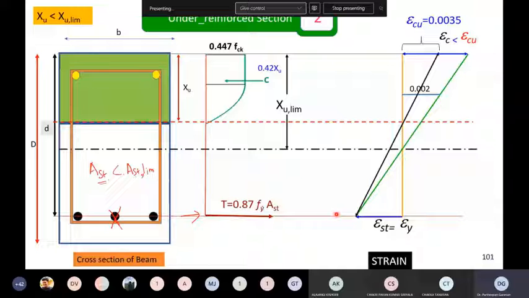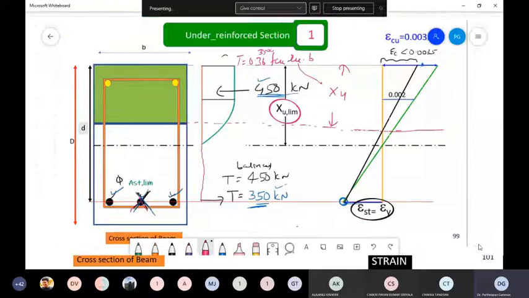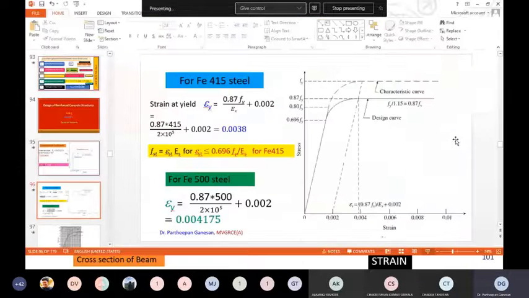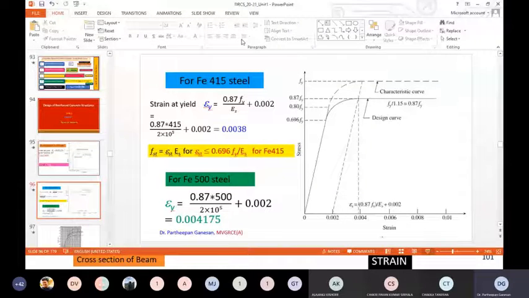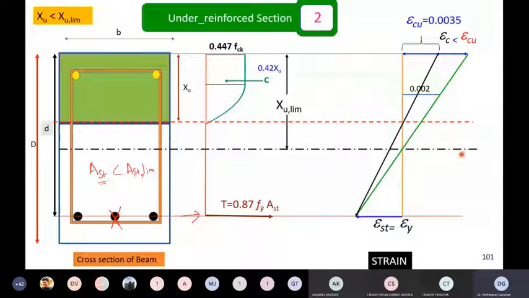So here compressive force acting at 0.42 XU and C will be 0.36 FCK XUB. T is 0.87 FY AST.